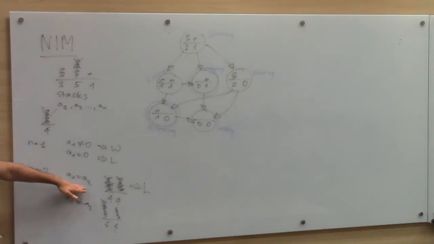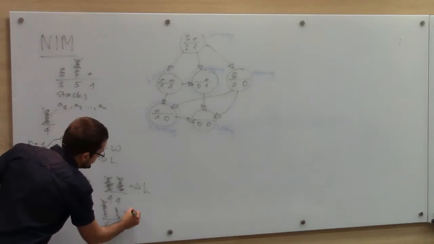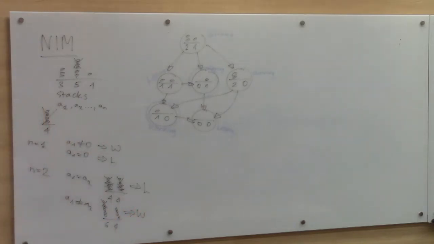We know from the previous example that it's the losing position for the opponent, so this is the winning position for the first player. So these are the small cases. You can try to think about what will happen when we have 3 elements. But this gives us pretty good intuition about what's important in this kind of game.